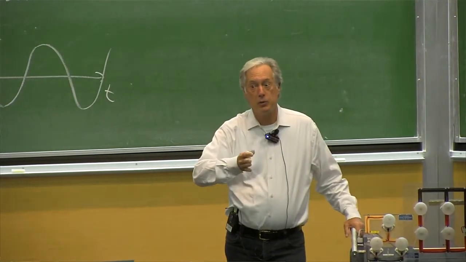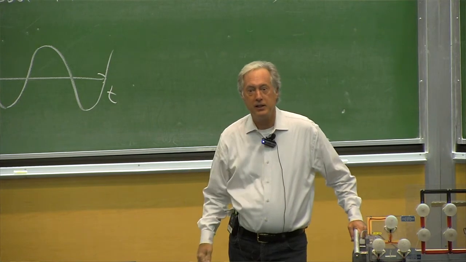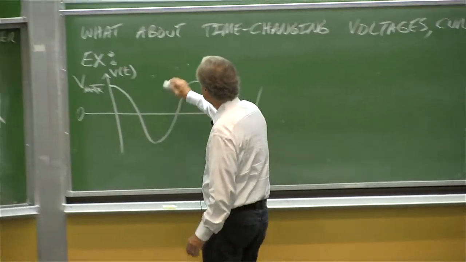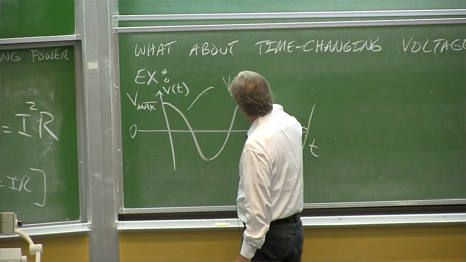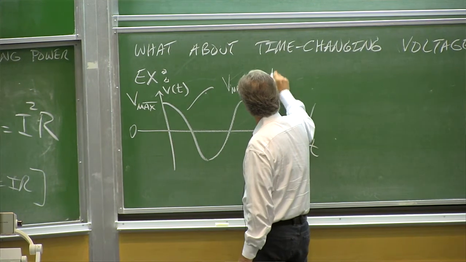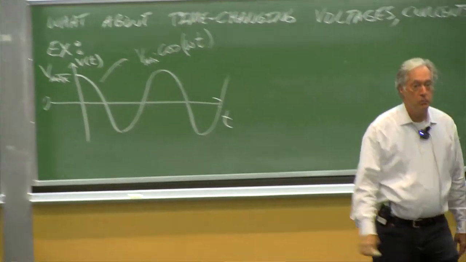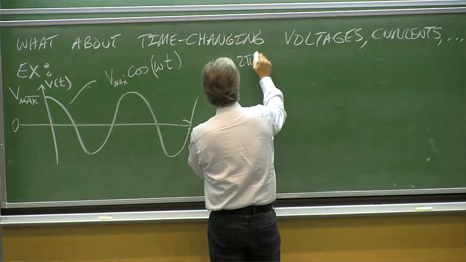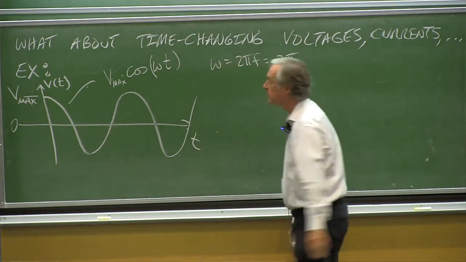We could use sine if we wanted to, but then we have to add a constant in the argument, and that would be a 90-degree shift. So if we said it was going as V max times cosine omega t, where omega is 2 pi f, or 2 pi over tau, the period.